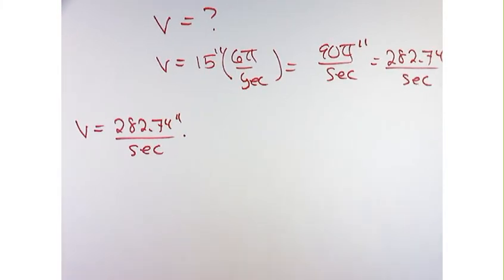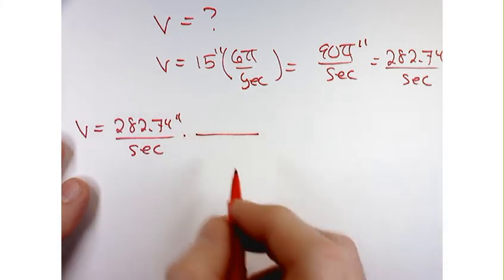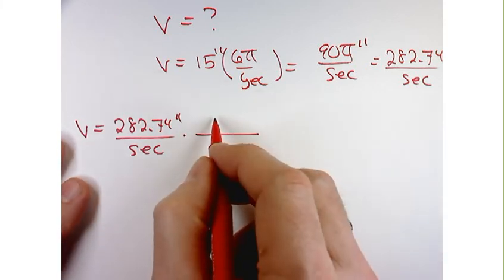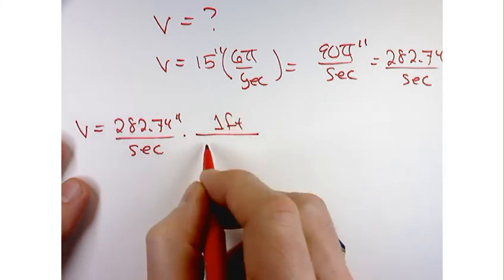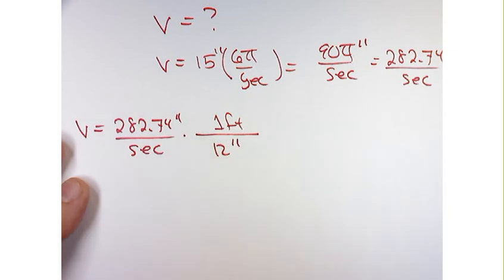Let's work with converting inches to miles first. So for myself, I'm going to work through the units of feet first. So I know that 1 foot has 12 inches. Okay.